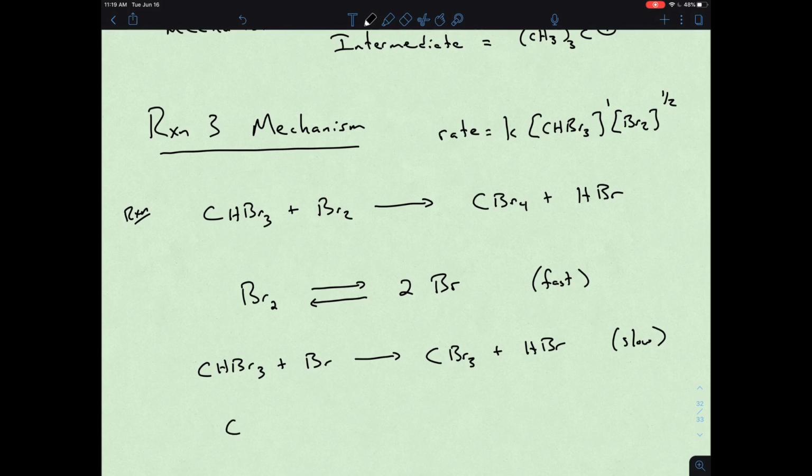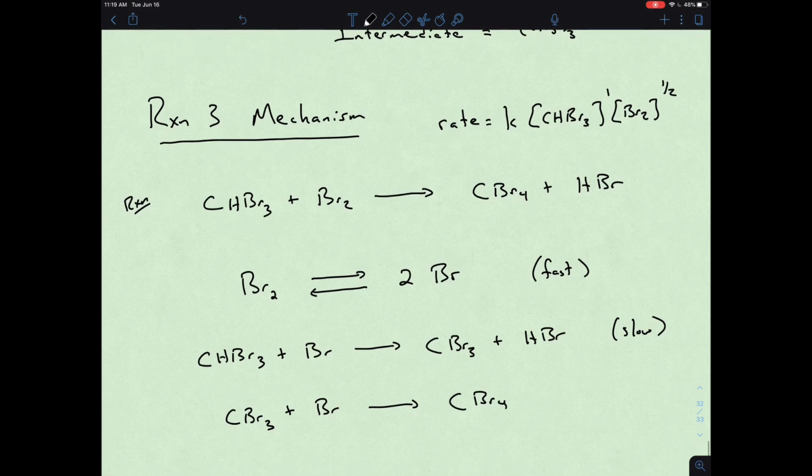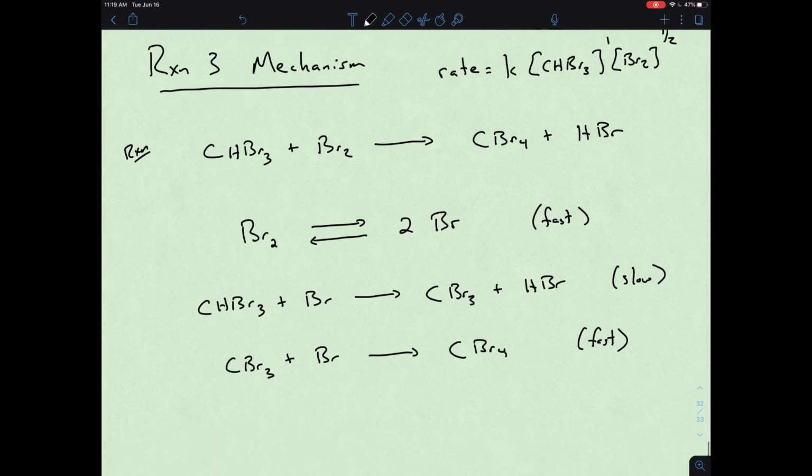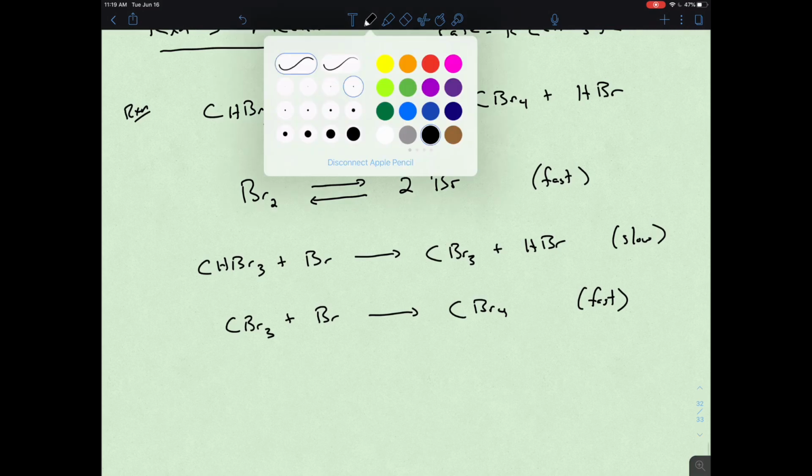And then the last step is the CBr3 combines with bromine to make CBr4, or carbon tetrabromide. And that's also a fast step. So there's our rate expression. There's our mechanism. And so now we have a little bit more going on here.